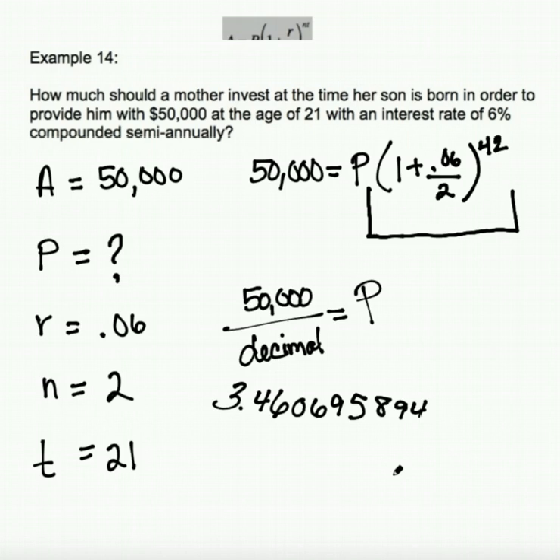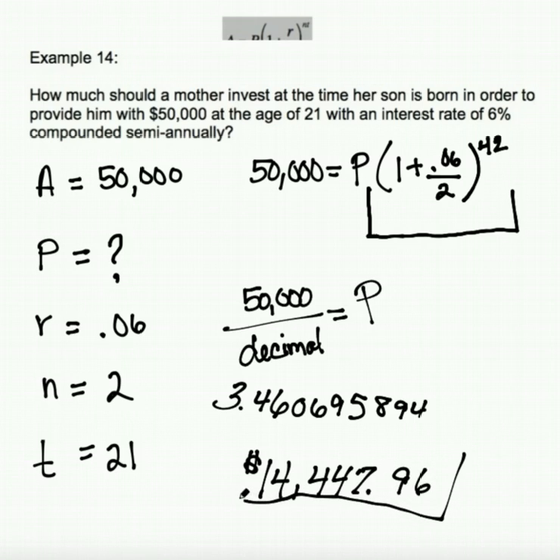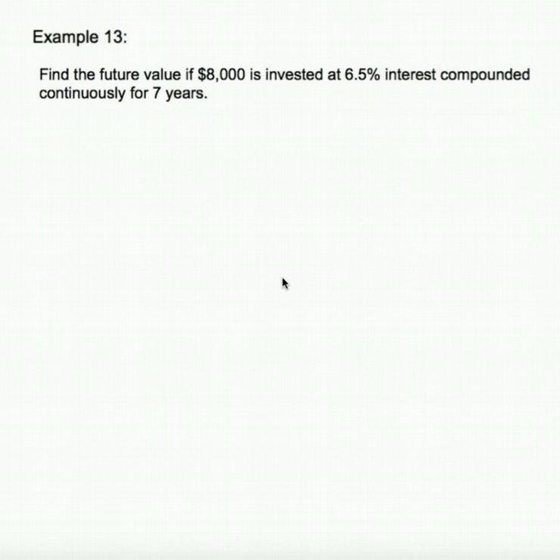So now do 50,000 divided by that decimal. And that leaves us with $14,447.96. So this set of parents has to invest over $14,000 in order for their son to have $50,000 by the age of 21.